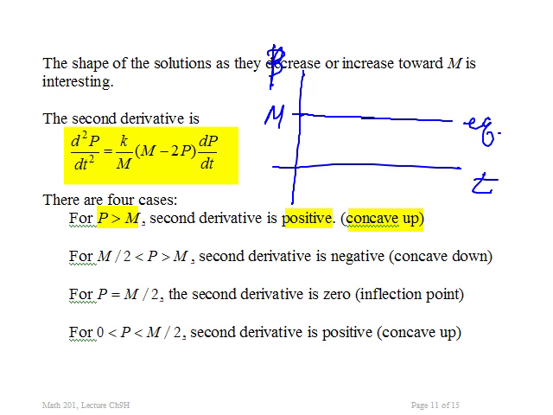So this says curves that are out here, points out here, this first derivative is negative. They're going to be going down in a concave upward manner. They'll be relaxing into the equilibrium. See that? They're concave up curves, and also they're decreasing.